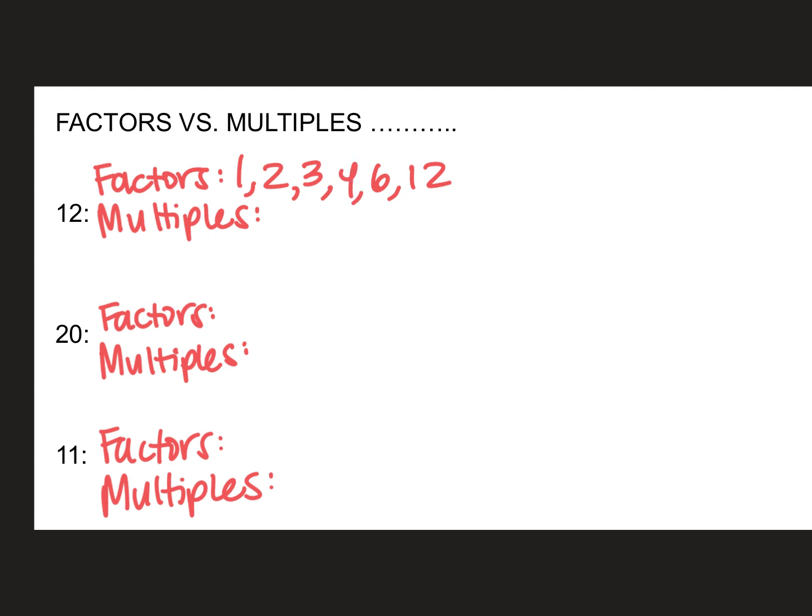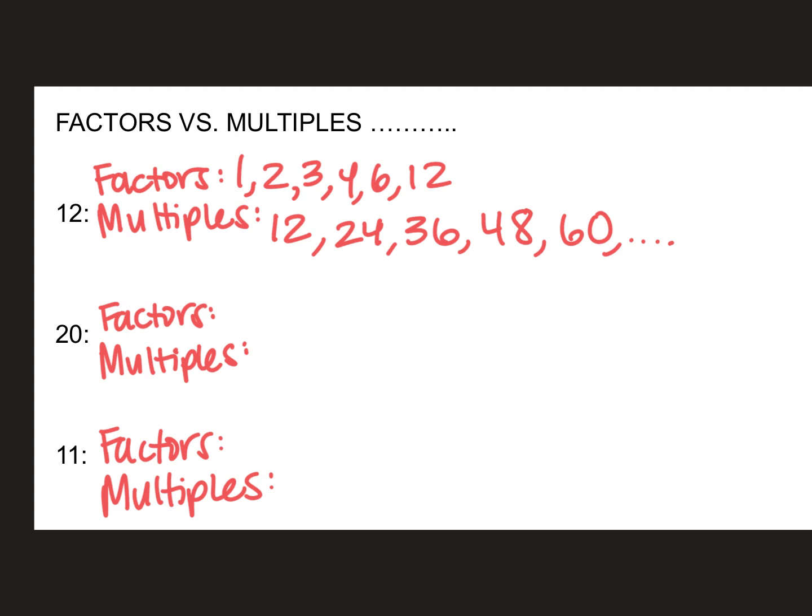All of those numbers, when I multiply like 3 times 4 equals 12. Whereas the multiples is taking 12 times 1, 12 times 2, 12 times 3, 12 times 4, 12 times 5, and so on. Those are the multiples. So again, like skip counting by 12.